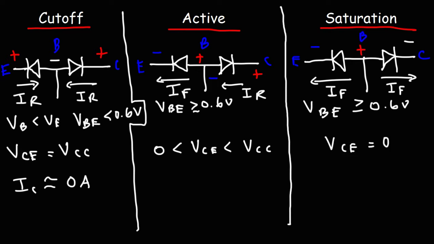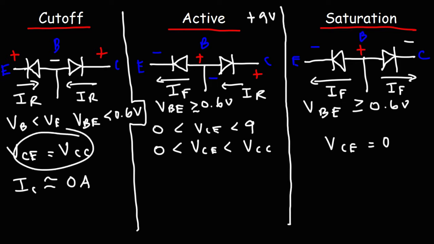So let's say if the collector supply voltage is 9 volts, VCE is going to be between 9 volts and 0 volts. If it equals 9 volts, it's in the cutoff region. If it equals 0, it's in the saturation region. So that's why it's important to know what the VCE value is, because by knowing it, you could determine if the transistor is operating in the cutoff region, in the active region, or in the saturation region. So VCE, knowing that value, is very important.